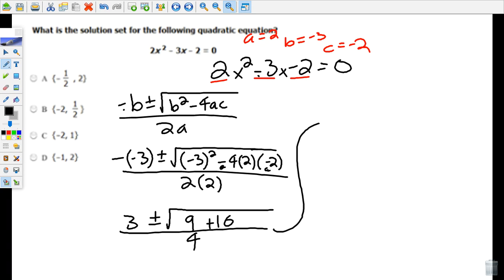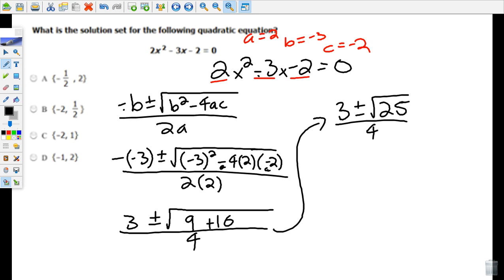So if we continue cleaning this up, let's look inside the radical. My 3 plus minus is still there, but 9 plus 16 is 25. We'll have 4 in the denominator. And just like the last problem, this is a perfect square.